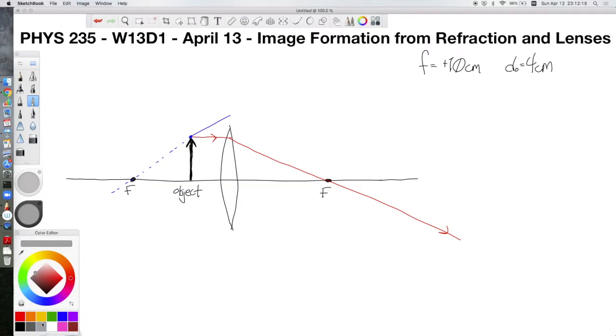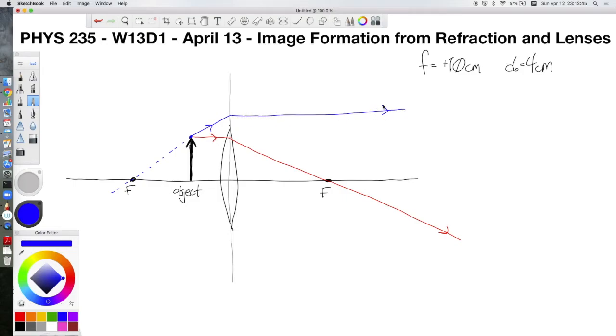So in real life, this ray would not be refracted, but for the purposes of our ray diagrams, if you remember that center line of the lens that I keep talking about, then you can just have the ray bend whenever it reaches that line, even if it misses the lens. This will still help you locate the image accurately. So this ray comes in through the focal point and will come out parallel to the optical axis.